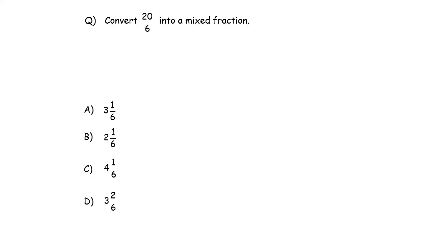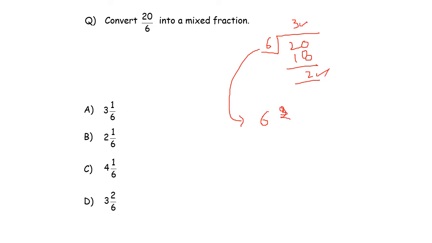Let's convert this into a mixed fraction. I just told you how to convert into a mixed fraction. You have to know division. So let's divide 20 by 6. 6 threes are 18, remainder 2.